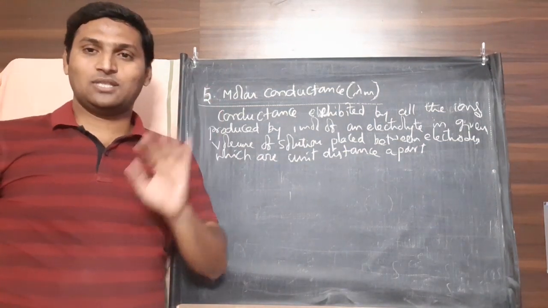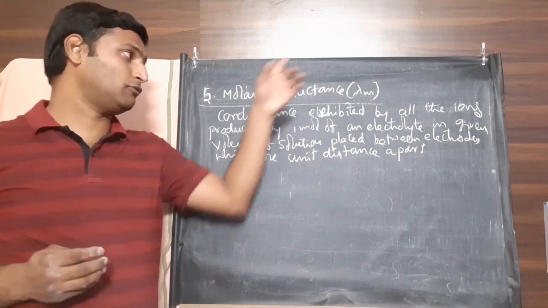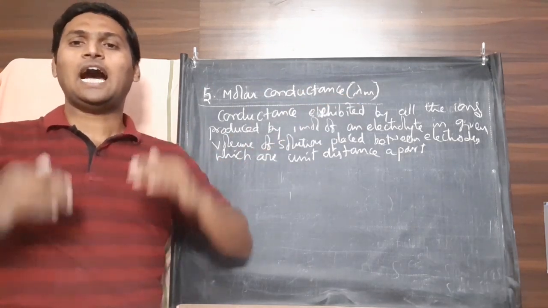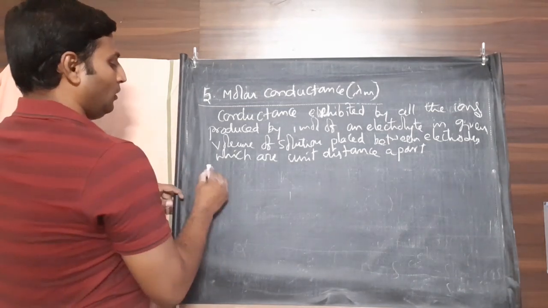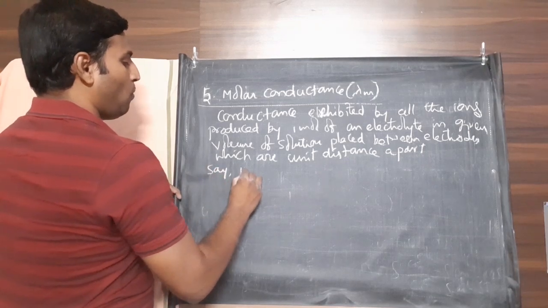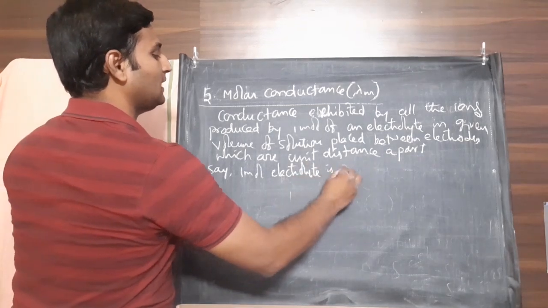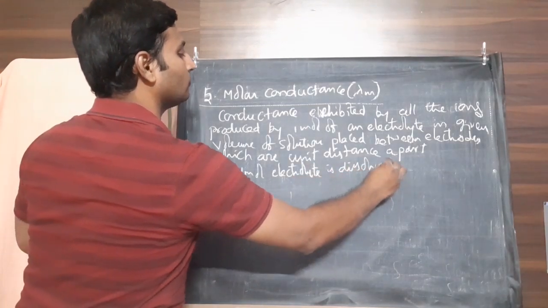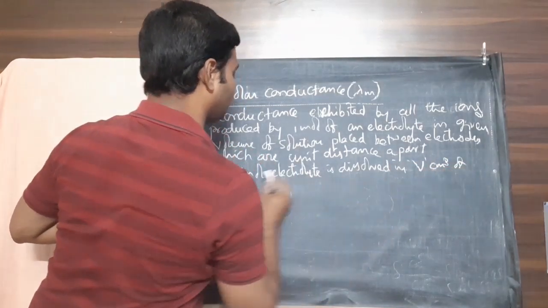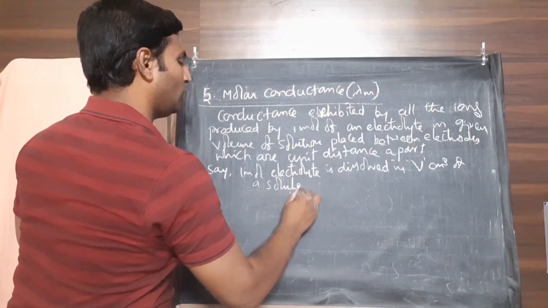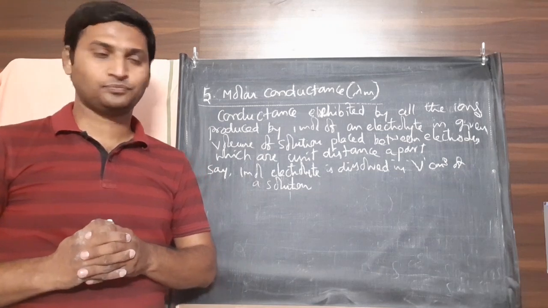Now after you understood this definition, in order to get the mathematical expression for lambda m, molar conductance, I should make some assumptions. So let us say 1 mole of electrolyte is dissolved in V centimeter cube of a solution, let us say.